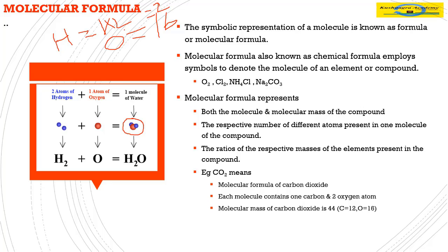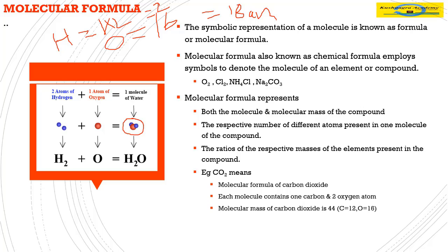Since there are 2 hydrogen atoms, that's why we multiplied by 2. So 2 plus 16 of the oxygen gives 18. 18 is what? 18 AMU. 18 is the molecular mass of water. So with the help of the molecular formula, we can easily find out the molecular mass of the compound.